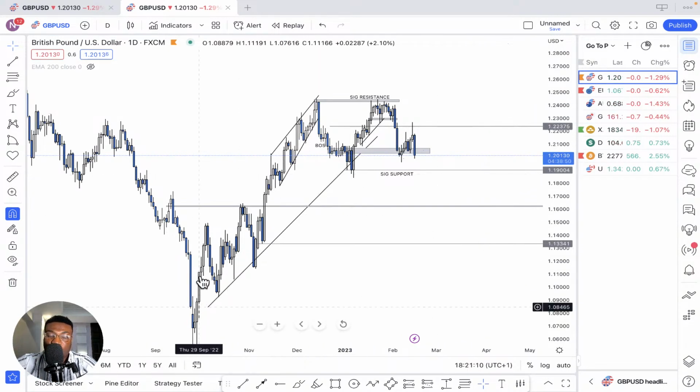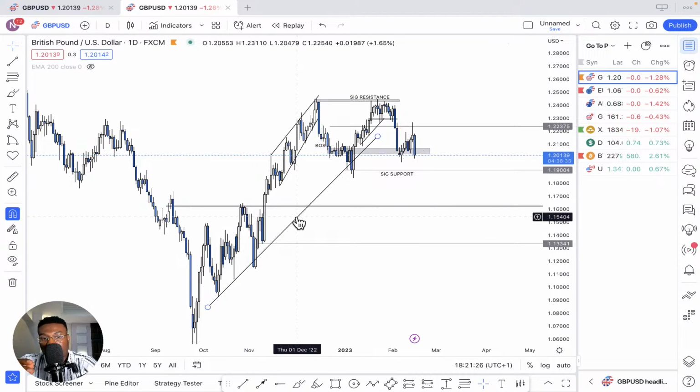So we've seen that from October up to February this year, the pound dollar market has been trading above this significant support trend line. I also need to identify that as well.